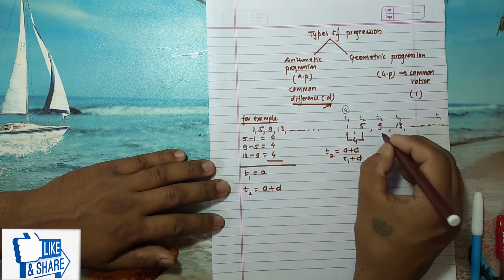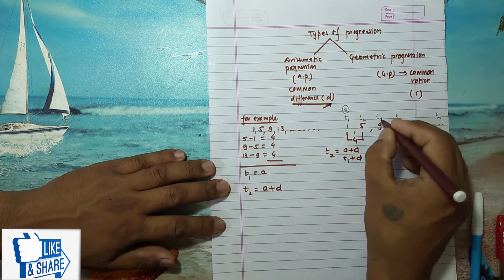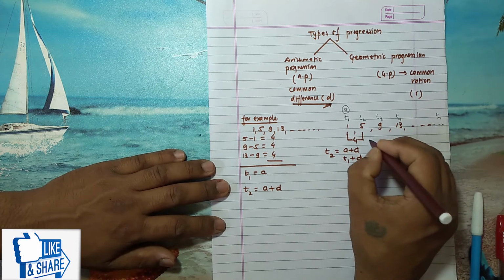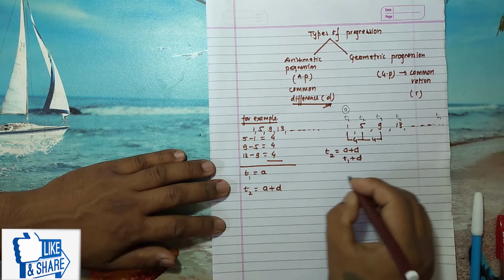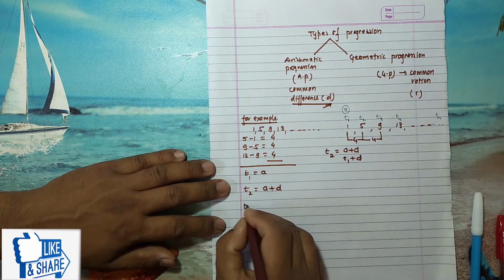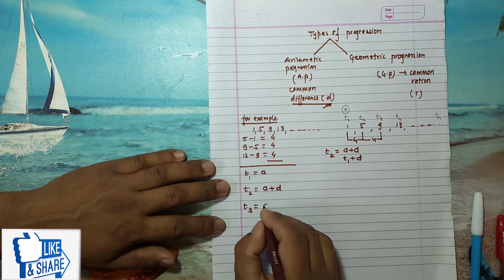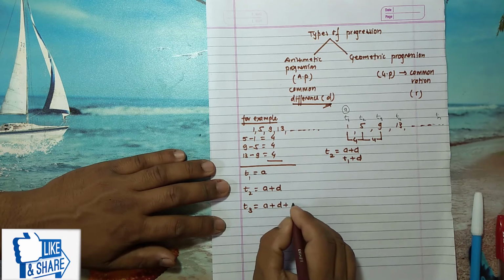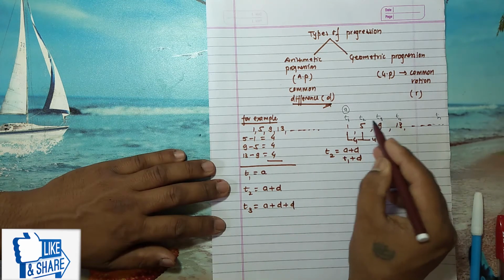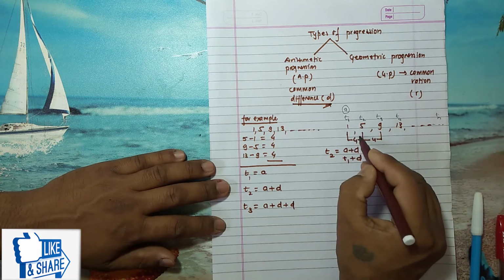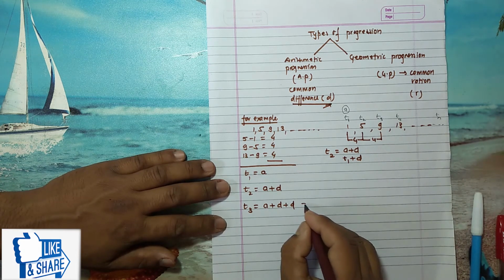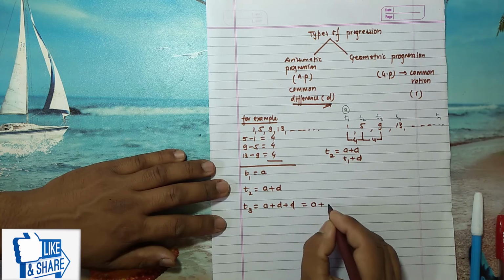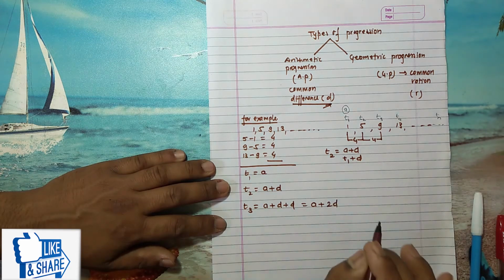After T2, let's go for T3. T3 means 4 has been added again. So for T3, I can say A plus D plus D. A plus this D plus this one D. We get T3, which means directly A plus 2D.